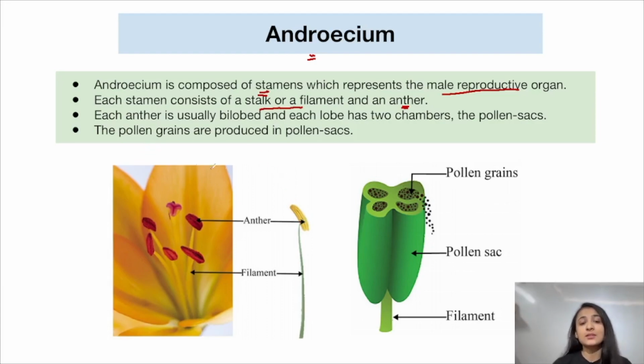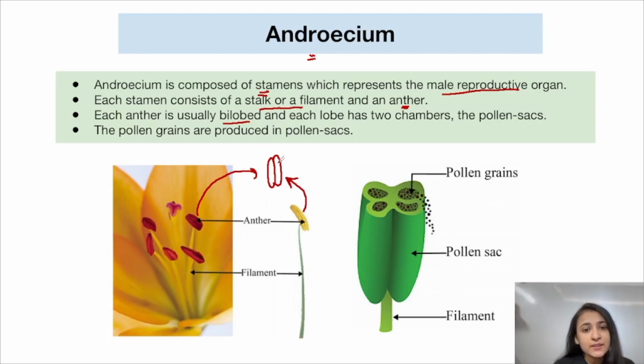The description of this structure is mentioned in our next point, that each anther is usually bilobed. It has two lobes. If you zoom in on the structure a bit, you will see that it has two lobes like this. Similarly, this structure also has these two lobes. These represent the anthers. The top of these filaments consist of these structures.